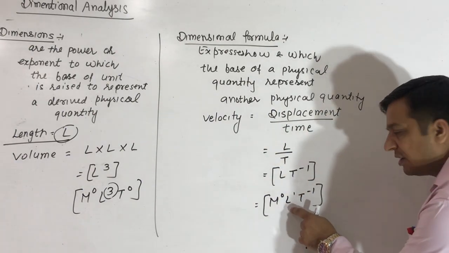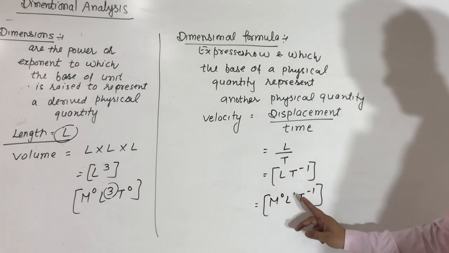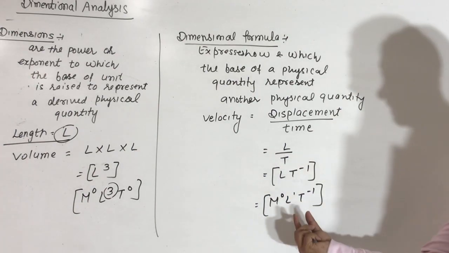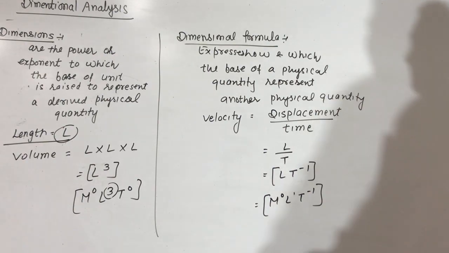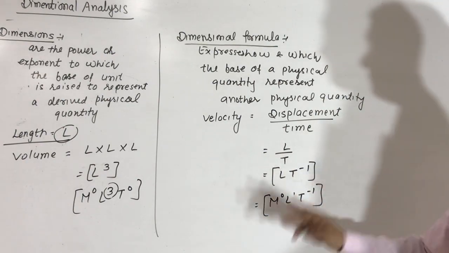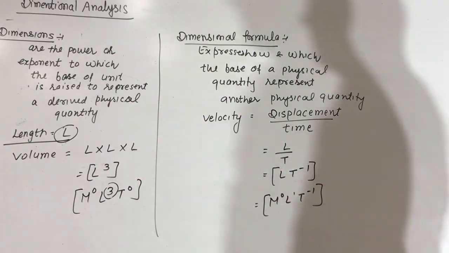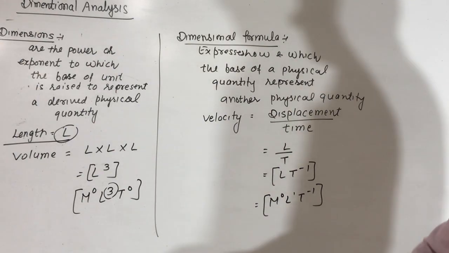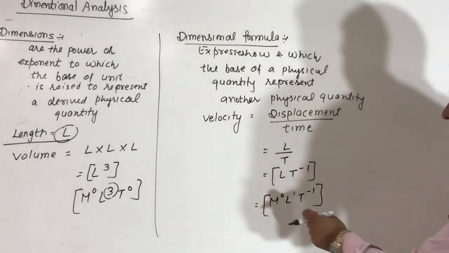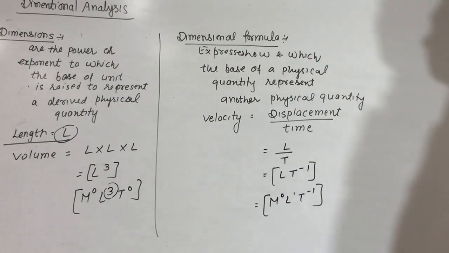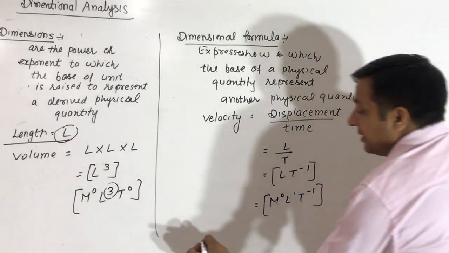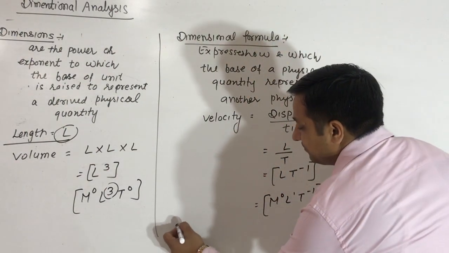Definitely, because we have changed the power of T, that is minus 1. M is the base of mass, L is length, and T is time, and this represents the dimensional formula. And another one, dimensional equation.